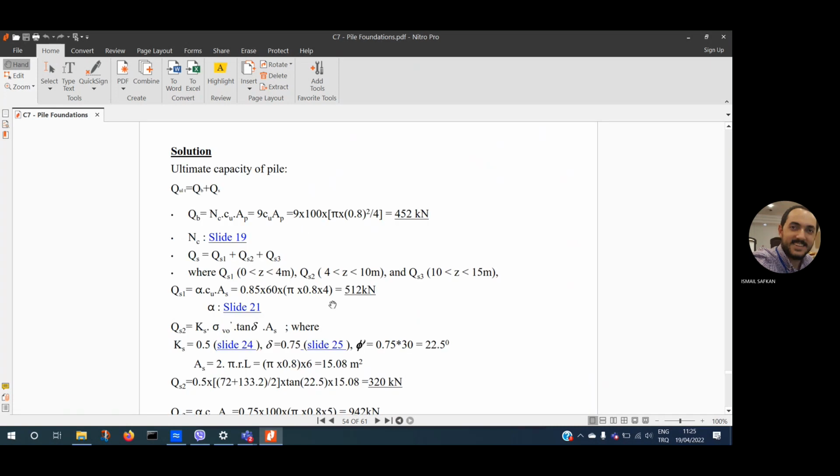By simply this plus that value, divided by 2, gives you the average vertical stress. Ks property was 0.5. Tan delta angle is calculated as a result of 0.75 times 30, times the area of the shaft, the second area.